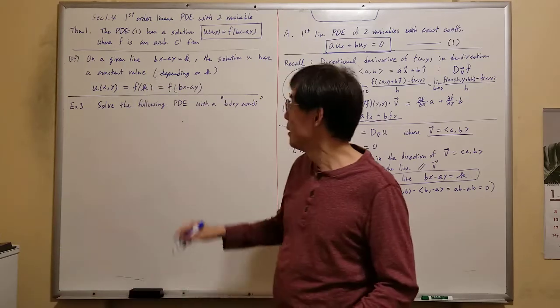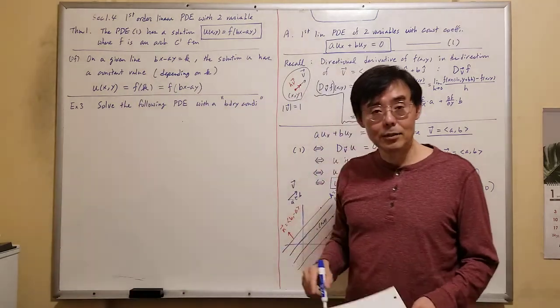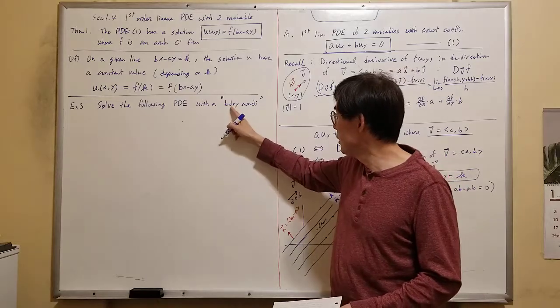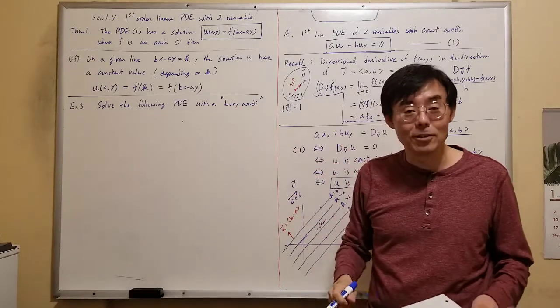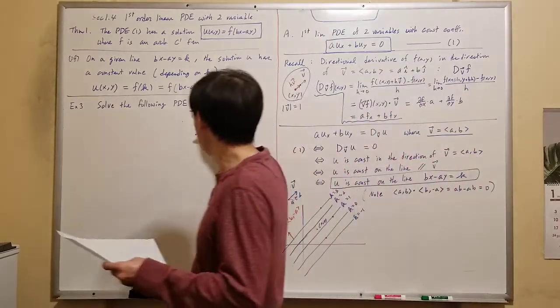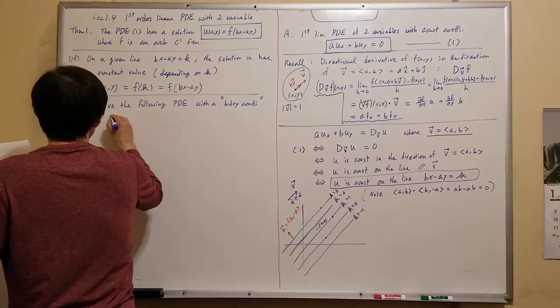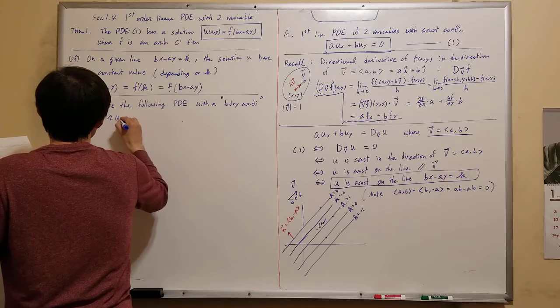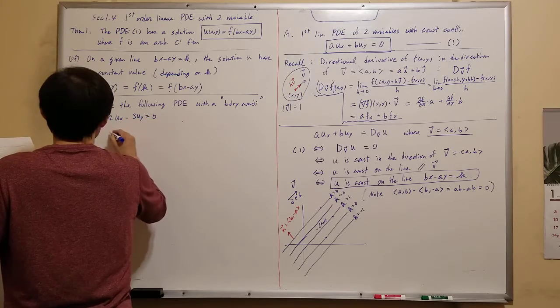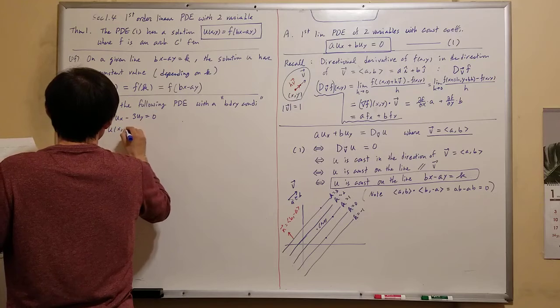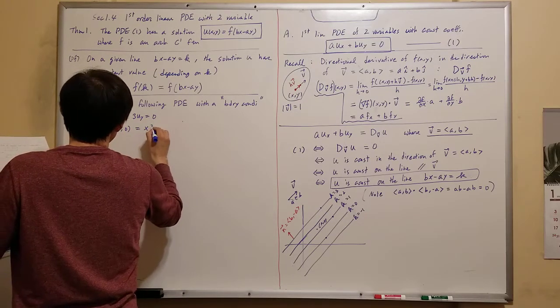Okay? BDRY stands for boundary. Again, BDRY stands for boundary. Condi stands for condition. So with a boundary condition like this, u of x0 equals x cubed.